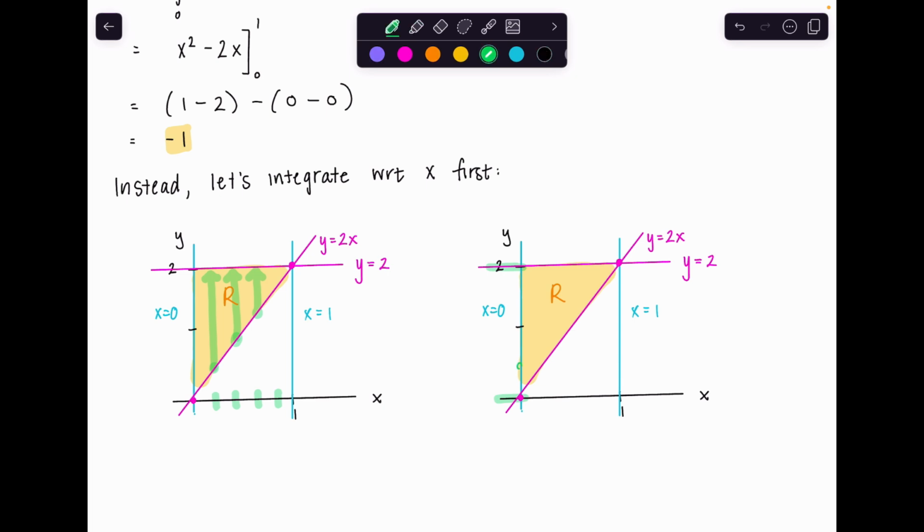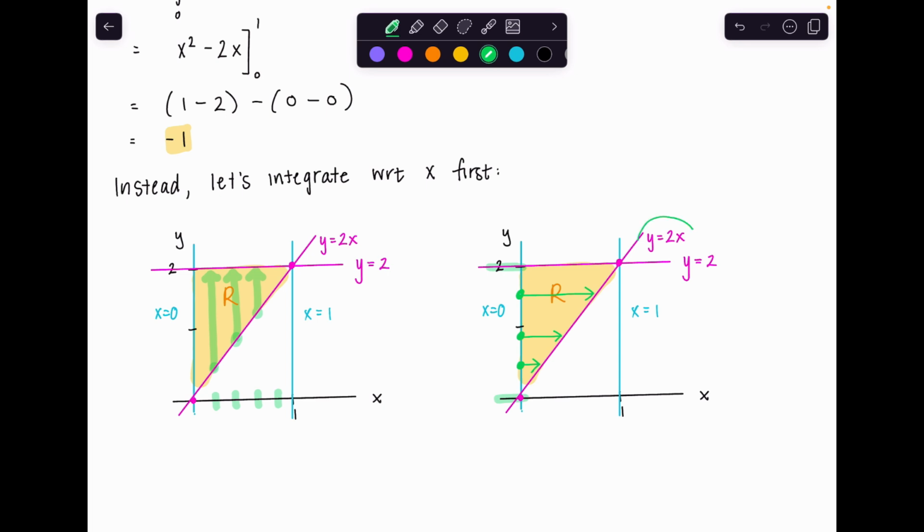Depending on the y value you pick, I'm going to start at this line and continue out to the line y equals 2x. If I pick this y value, you still start at x equals 0 and go out to this line.